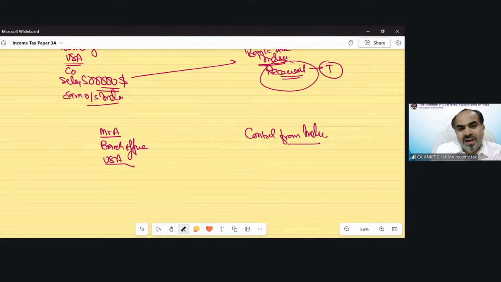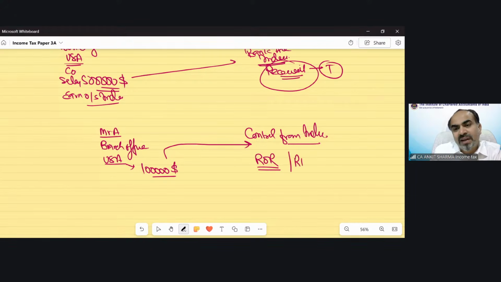And suppose he is earning income of $1 lakh from this branch office, which has been controlled from India. So now in this case, this $1 lakh is going to be taxed in the hands of Mr. A in India if Mr. A is a resident and ordinary resident, or Mr. A is a resident and not ordinary resident. But if Mr. A is a non-resident, then this income is not going to be taxed.